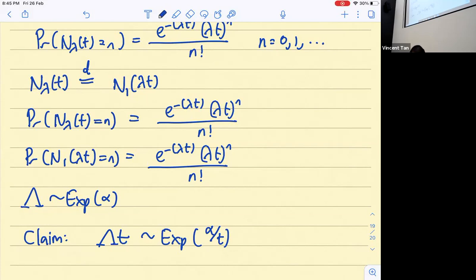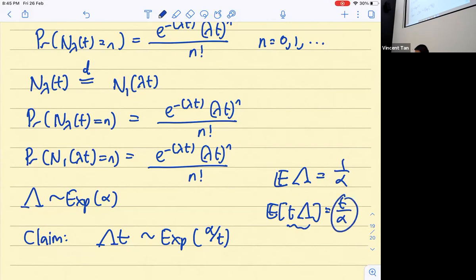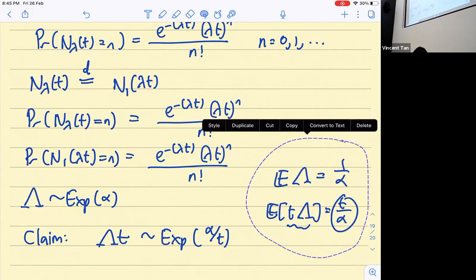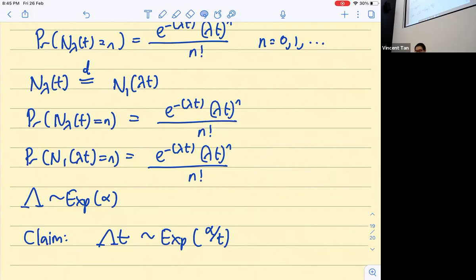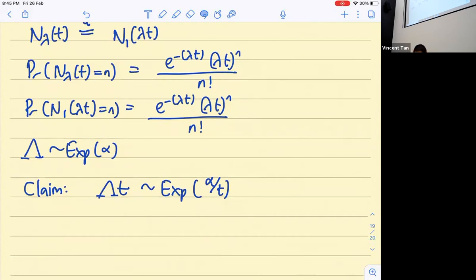It is alpha over t. How to check this? The expectation of lambda is 1 over alpha for exponential random variables. That's the way to check. So the expectation value of t lambda is t over alpha, which means that this guy here, if it is exponential, has the inverse of this as its rate. Okay, this is a bit fast, but you should be able to prove this.